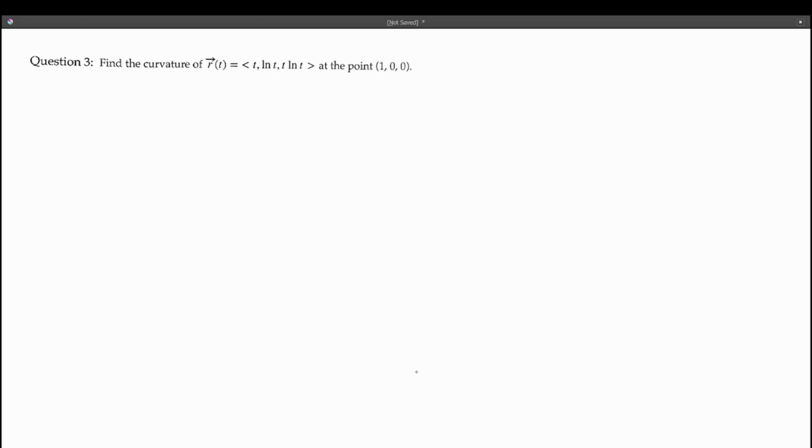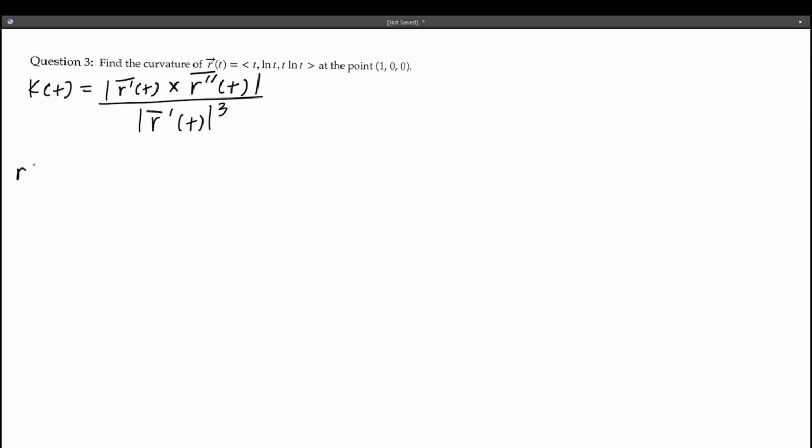So I think the easiest way for me to do this problem is to remember that one method for curvature is κ(t) equals the magnitude of r prime t cross product r double prime of t, which is the second derivative, over the magnitude of the first derivative of t cubed. Doesn't look very fun, but it's relatively simple. So let's just hop into it.